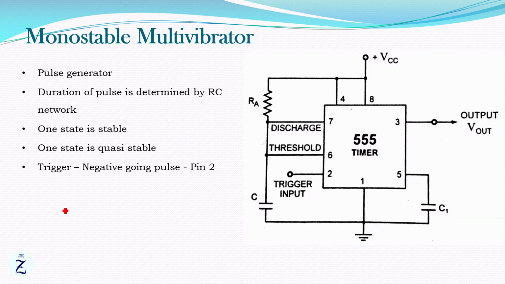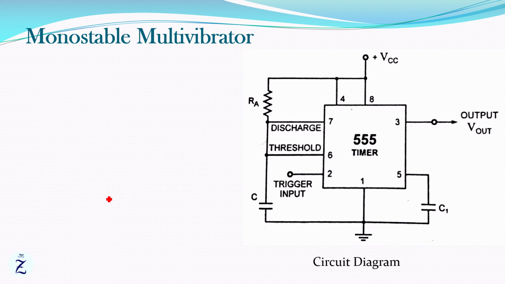Let's understand the circuit of monostable multivibrator. Here is the circuit. The threshold input is connected to a capacitor going to ground and a resistor which is going to VCC. And threshold and discharge are connected together.